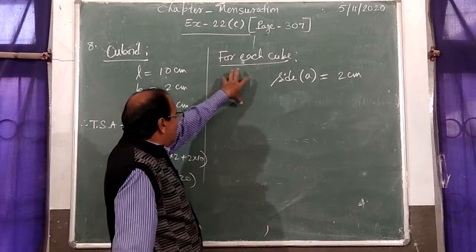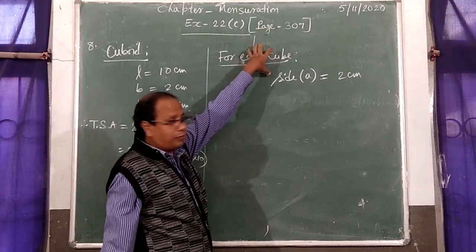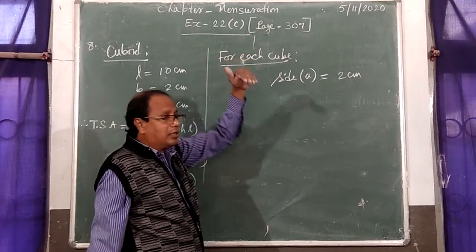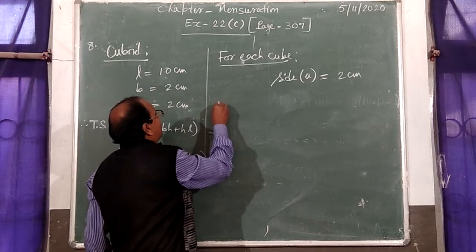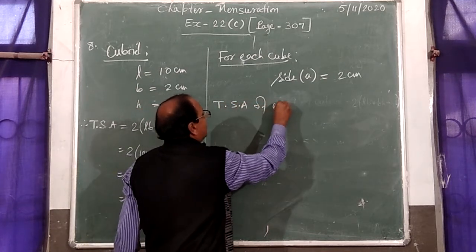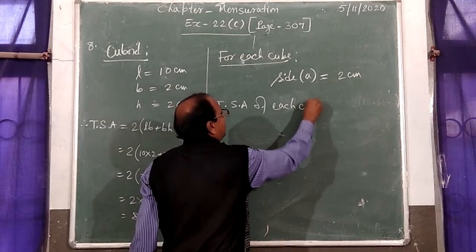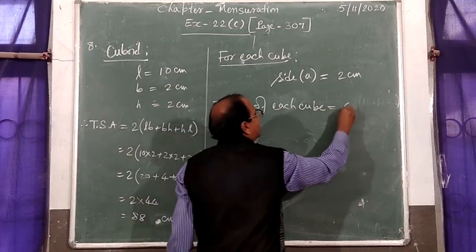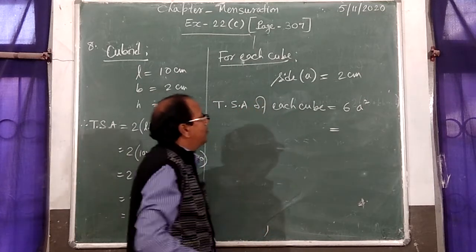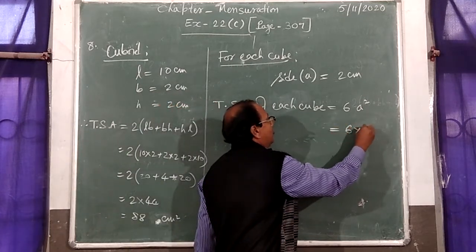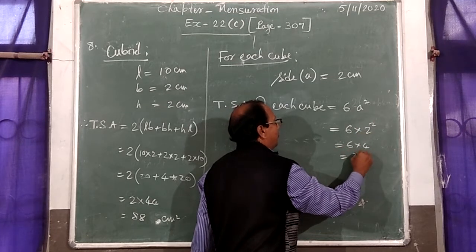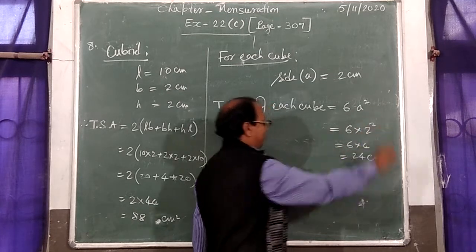Now, total surface area for 5 cubes we find out. First we will go for the surface area of each cube. Total surface area of each cube equals 6a square. You know the formula, so we are applying the formula only. 6 into 2 square, that is 6 into 4 equals 24 centimeter square.